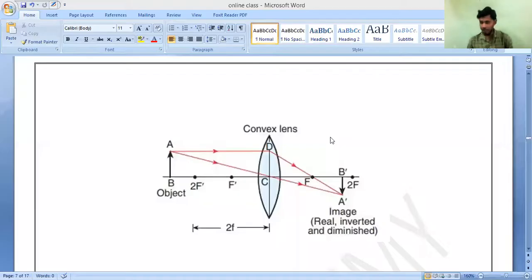Draw, all of you. Have you completed? So this is case number 5. Draw perfectly.